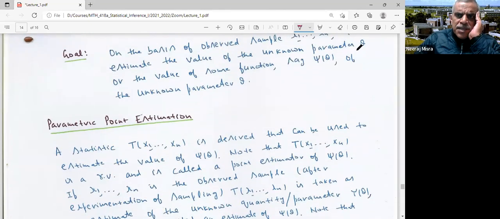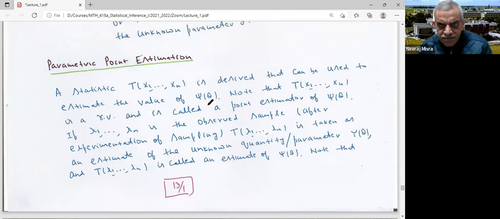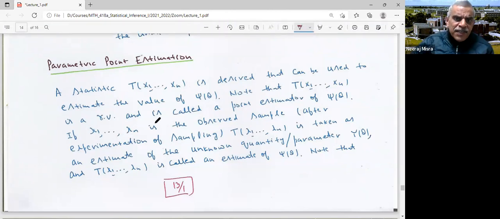In the point estimation problem, I'm interested in a certain point, so I want a precise estimate of psi theta. In parametric point estimation, a statistic T is desired that can be used to estimate the value of psi theta. So that gives me the exact value of psi theta, even if psi theta is vector valued. Note that T of X1, X2, ..., Xn is a random variable and is called a point estimator of psi theta.